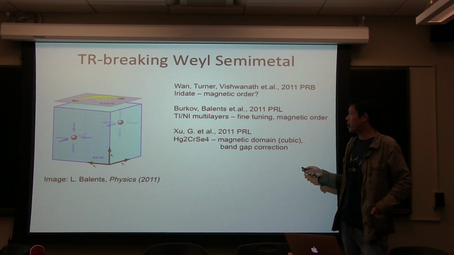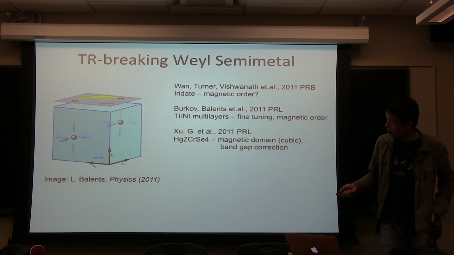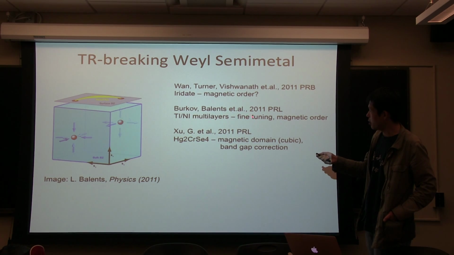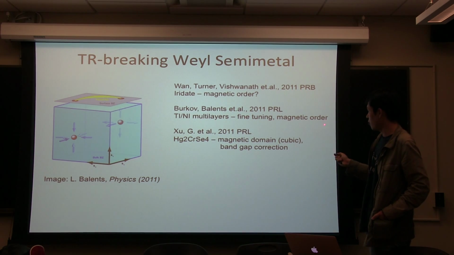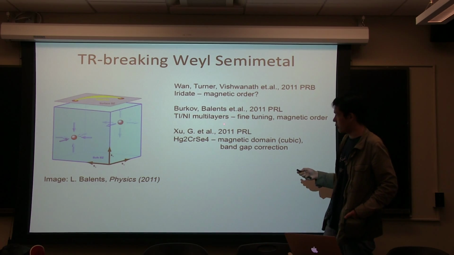Similarly, later that year, Burkov and Balents proposed that if you consider a superlattice consisting of multilayers of topological insulators and normal insulators, where you fine-tune the parameter to the critical point and then develop a magnetic ordering, this will also give you a Weyl semimetal state.